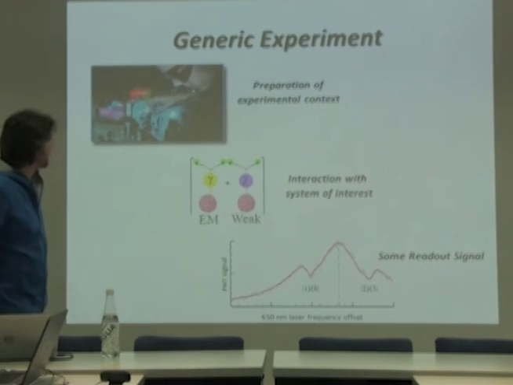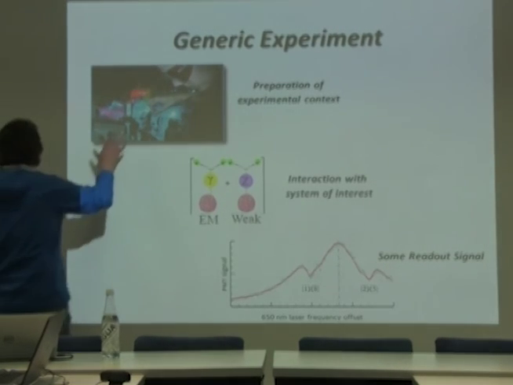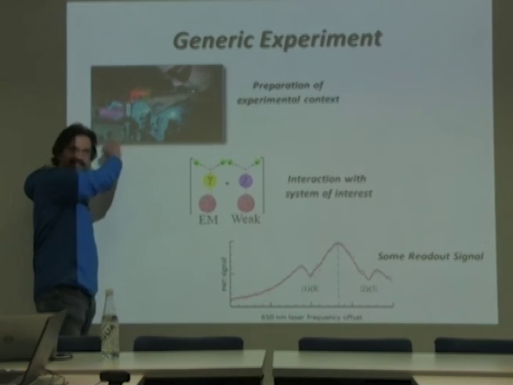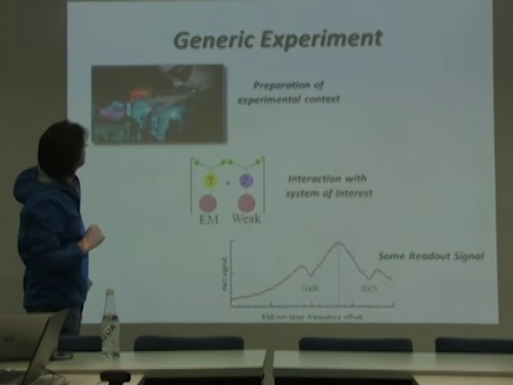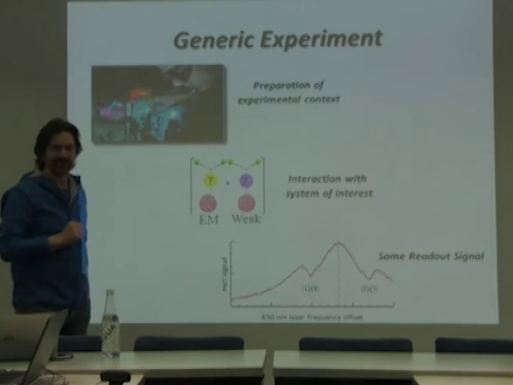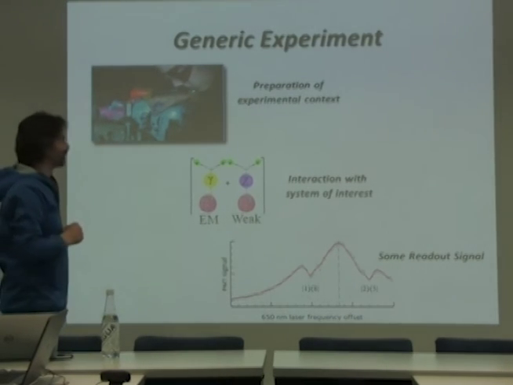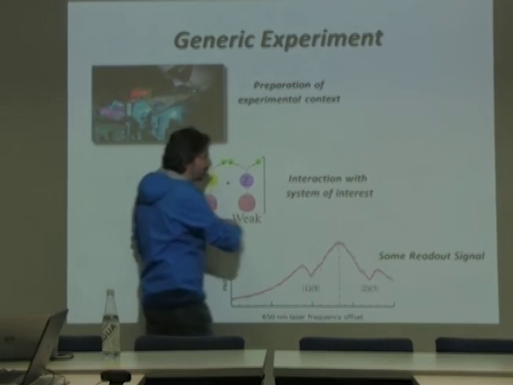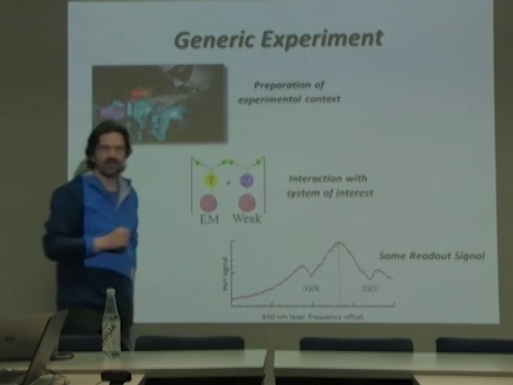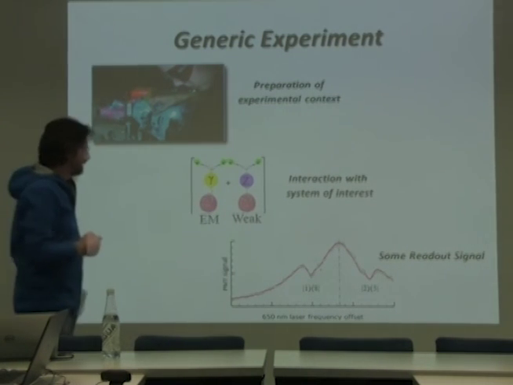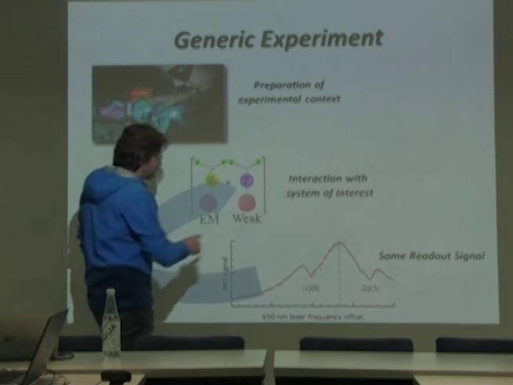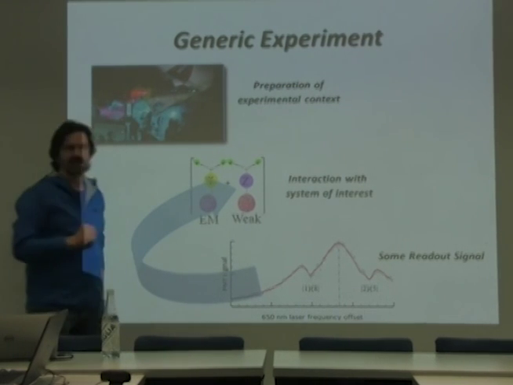So my generic experiment, because I'm more doing this with atomic systems, is we do something with lasers on a laser table, and I think this is Albert. You cannot recognize him, so this is a former colleague of Mayerlin. Then there is the stuff you want to investigate, the interaction of your system, and in the end you get somehow a signal of some interesting shape, and the signal tells you something about the interaction.